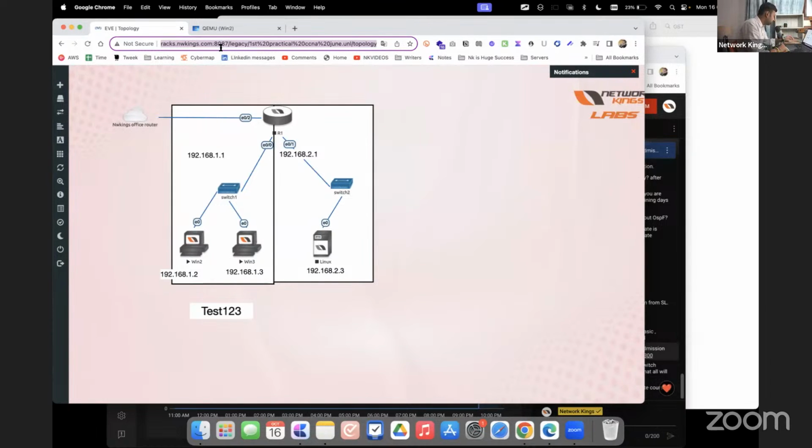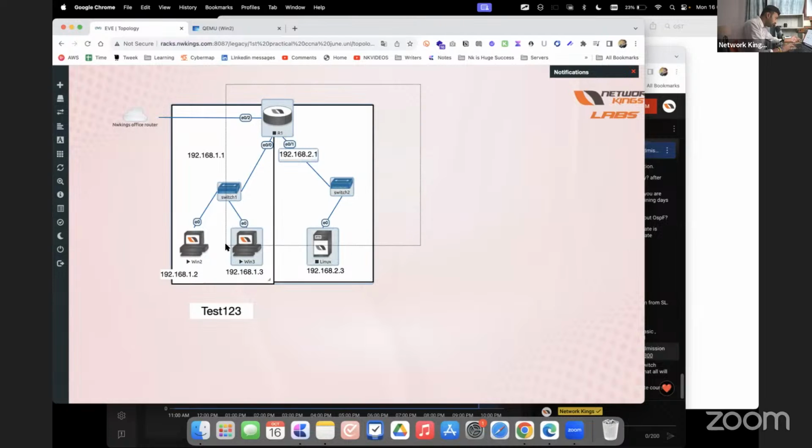Because a lot of people say, okay, we will teach you CCNA, CCNP, so you have to install software on your laptop. The problem when you install on your laptop is that you do not have high RAM. Suppose a Windows machine takes approximately 4 GB, this is also 4 GB, and Linux also takes 2 GB. So just to run some basic practicals, sometimes you need a 16 GB laptop or more.